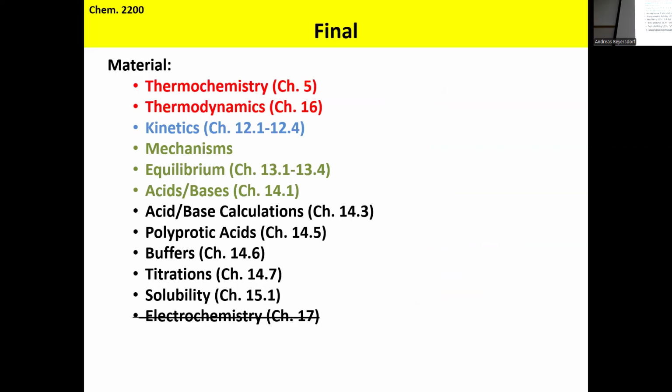What's kinetics about? Speed of reaction, the rate of reaction. Then for test number 3 we had mechanisms, equilibrium, and acid bases. We're going to finish up chapter 14 now, and then we are going to move on to solubility.